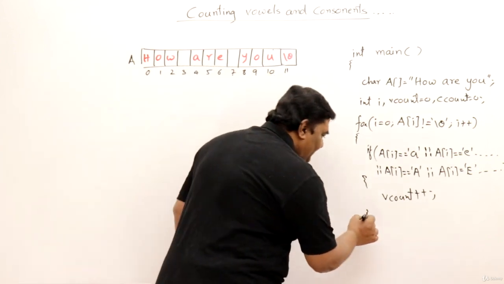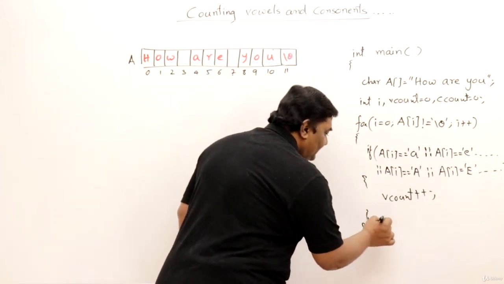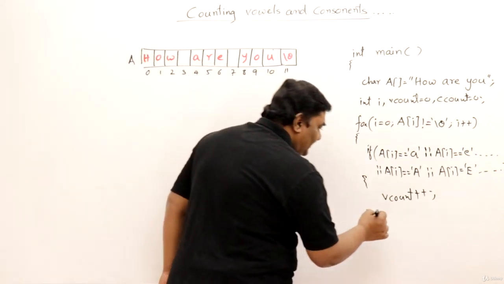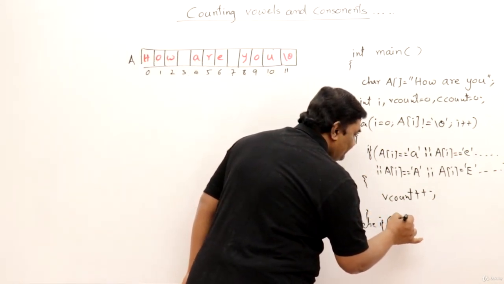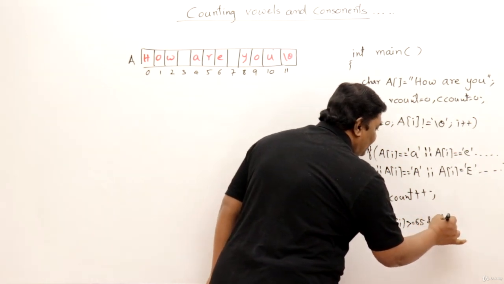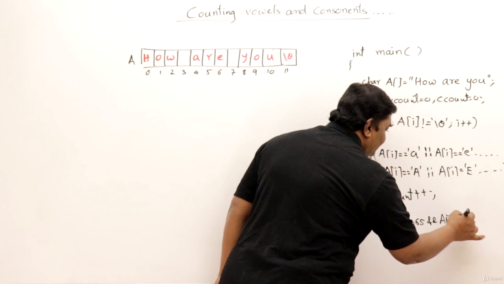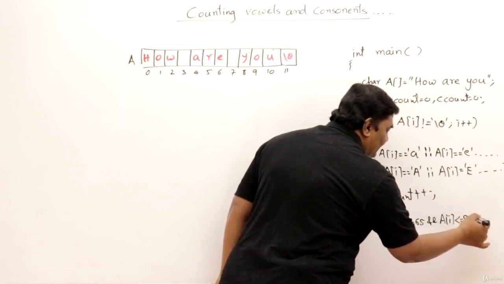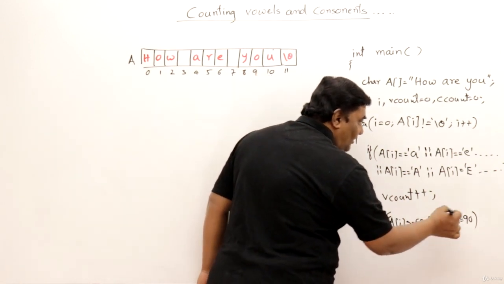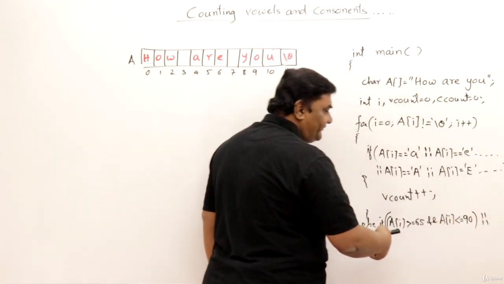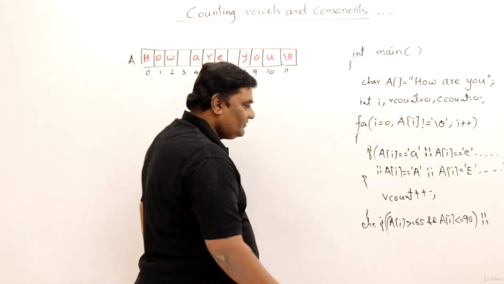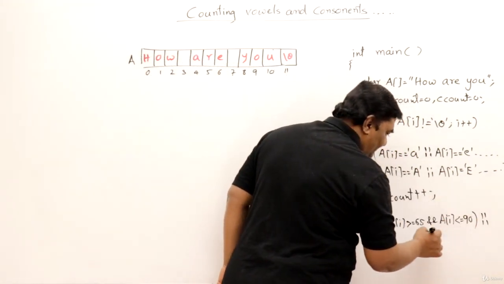So here I will continue writing, else if, I should make sure that it is within the range. So A of i should be greater than or equal to 65, and A of i should be less than or equal to 90, right? It should be within this range. This is for capital letters, or it should be in lowercase. So again, I should continue here, with no space.